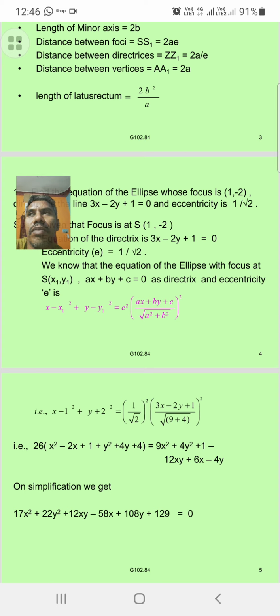In this type of question, we have to think and, according to the condition, write the formulas and simplify.